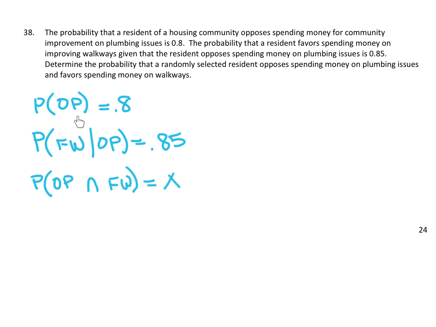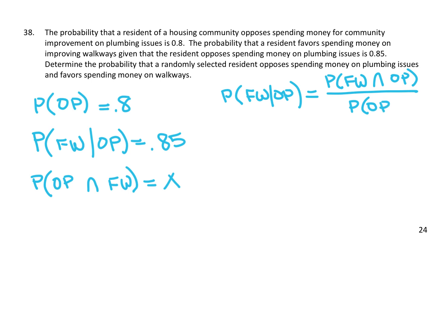Okay, now if we look at what we're given here, we can use our conditional probability formula. I'm going to write this out right here. So the probability of favoring walkways given opposing plumbing, wouldn't that be equal to the probability of the and? The probability of favoring walkways and opposing plumbing over the probability of the given statement, which is opposing plumbing.